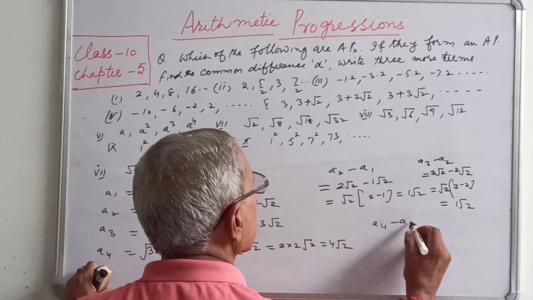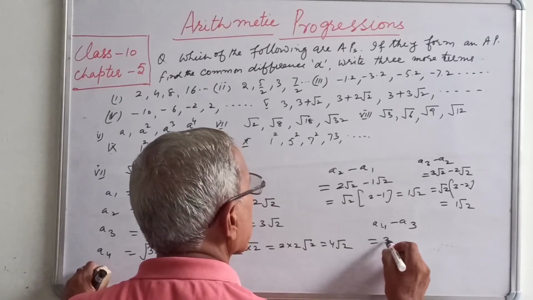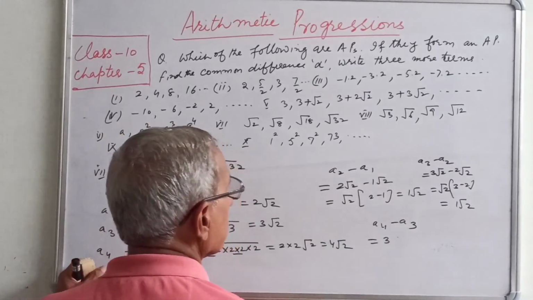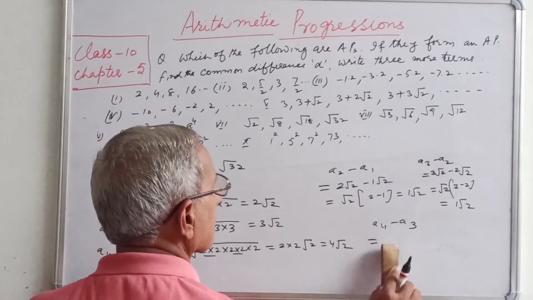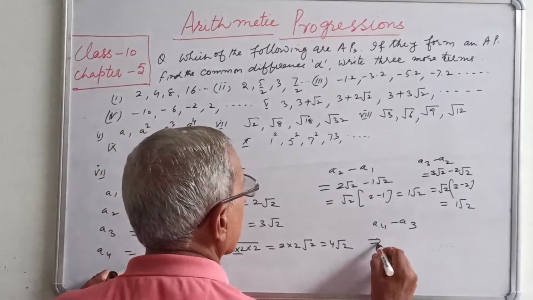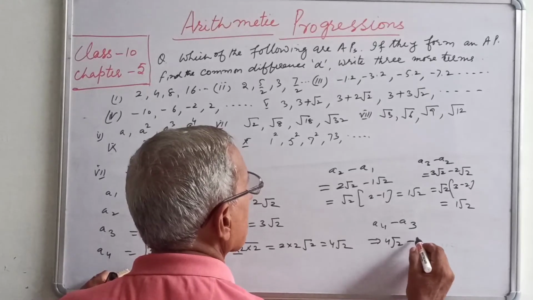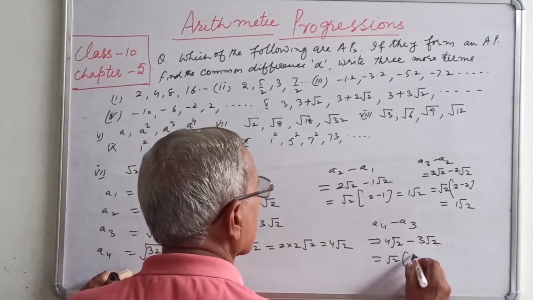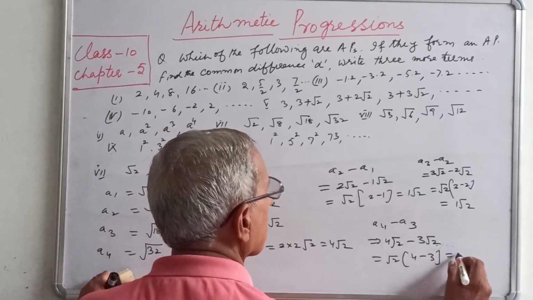A4 minus A3: A4 is 4 root 2 minus 3 root 2, common, 4 minus 3, 1 under root 2.